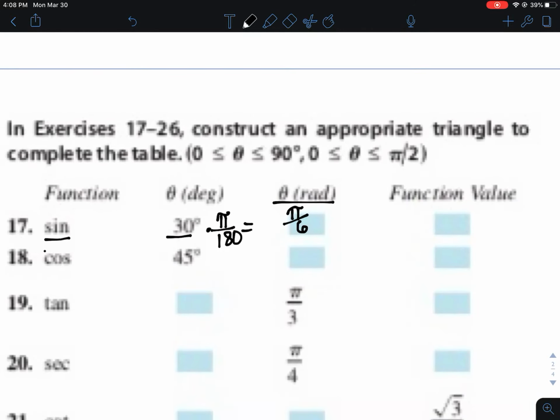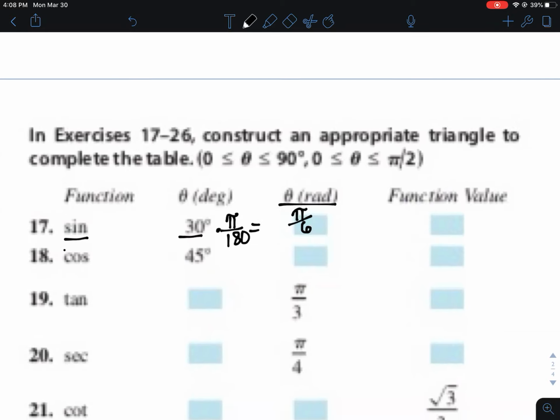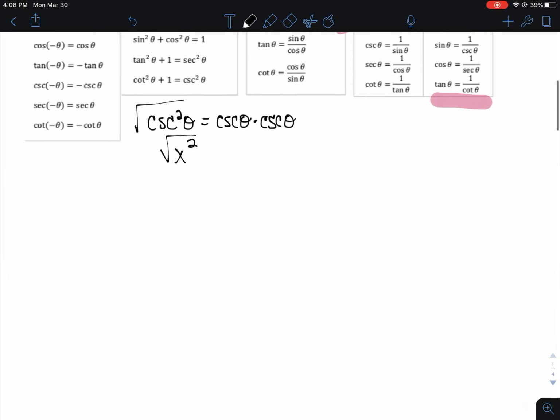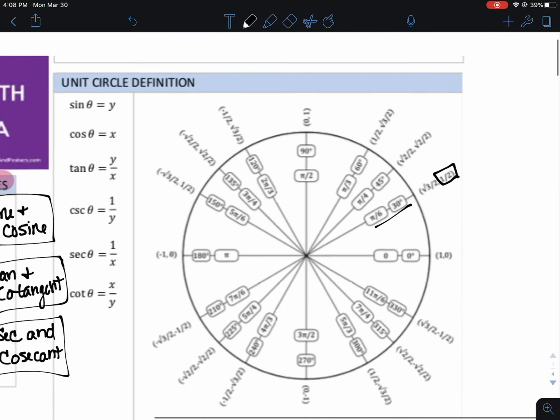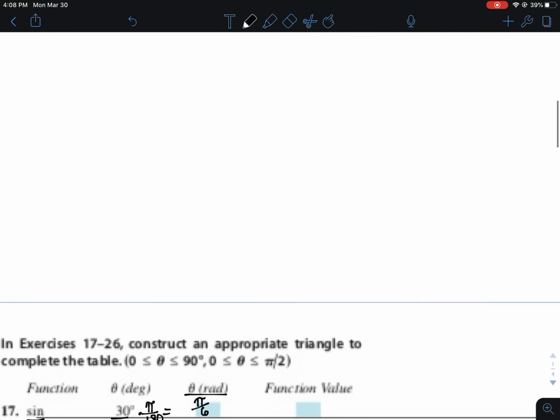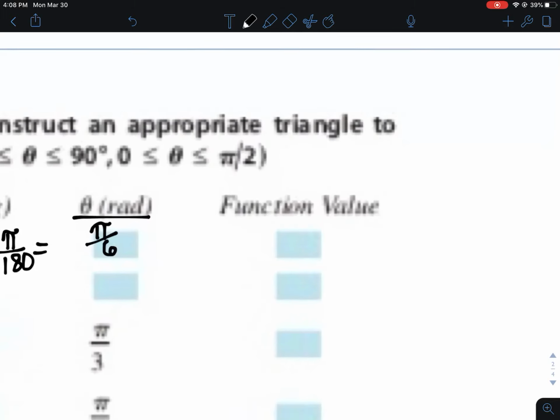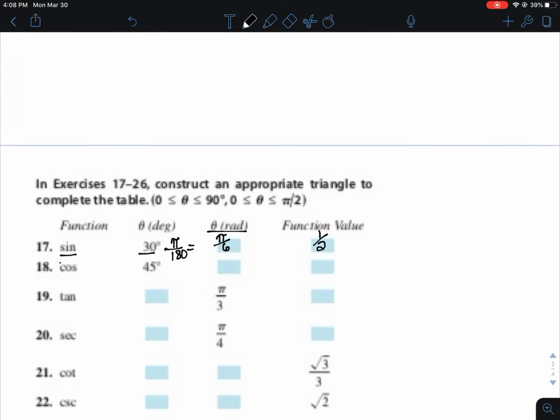And now think about your unit circle. What is the sine of pi over 6, or the sine of 30 degrees? Well, if I look here, 30 degrees is right here. The sine is 1/2. So the function value will be 1/2.